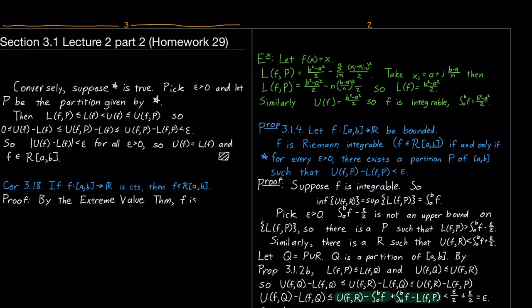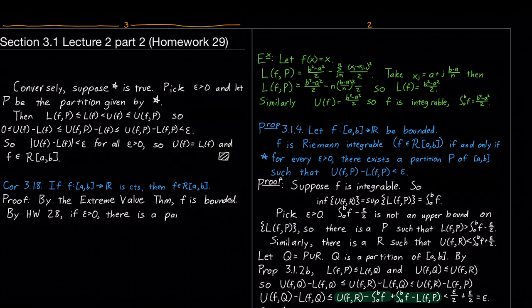And by your last homework, if epsilon is greater than 0, there is a partition P of our interval with the upper Darboux sum minus the lower Darboux sum less than epsilon.